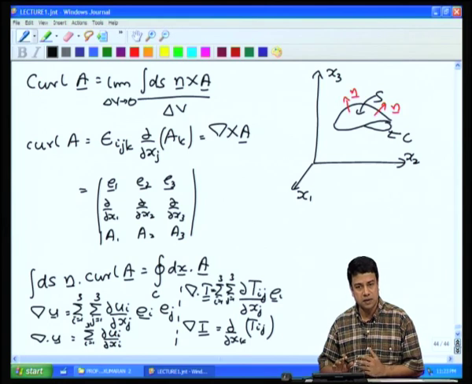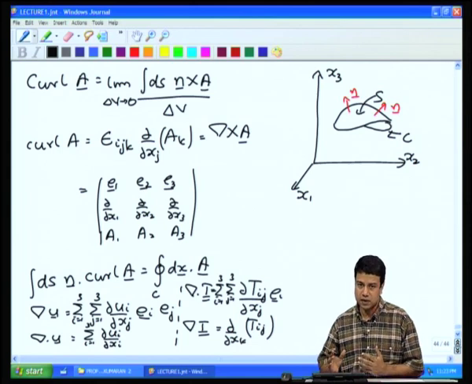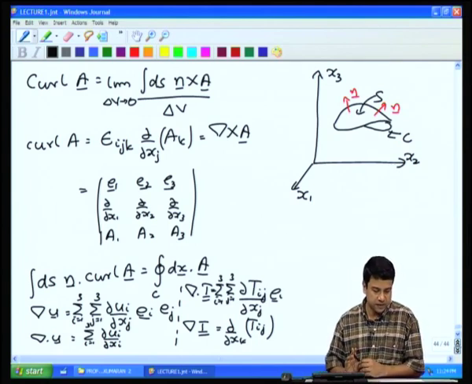So, when you take a gradient of a second order tensor, you get a third order tensor. So, taking the gradient increases the order of tensor by 1, divergence decreases it by 1, and you can do it for any scalar, vector, tensors. Of course, divergence and curl can be taken only for vectors and tensors, gradient can be taken for all scalar, vector and tensor.